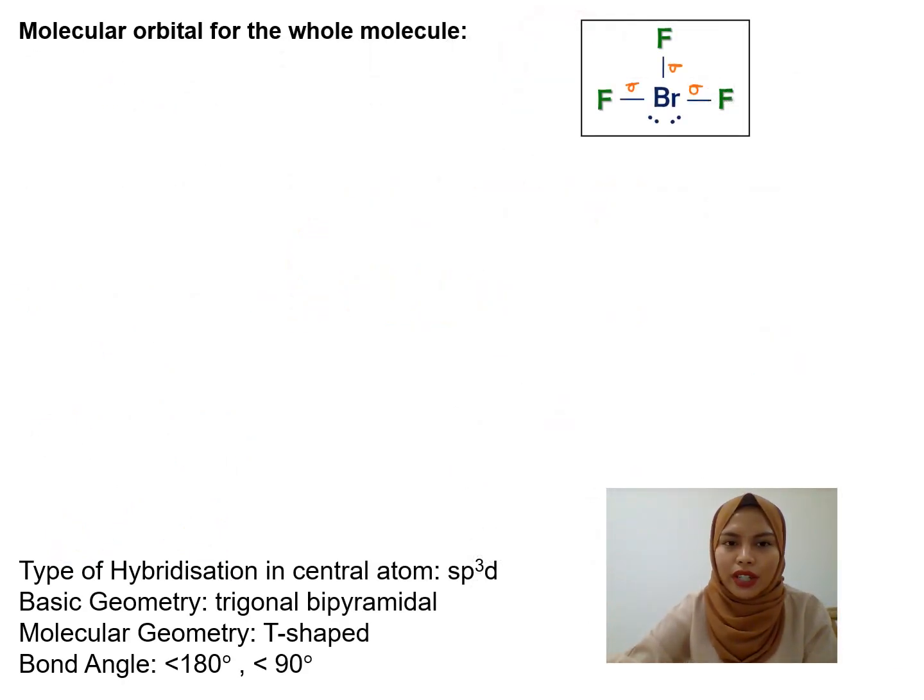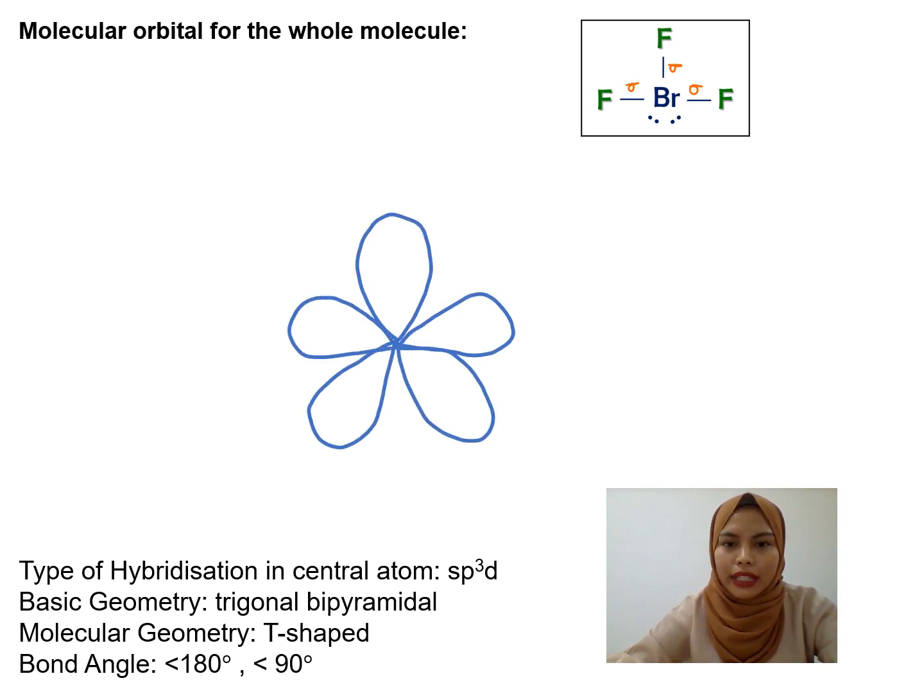So next, untuk kamu lukis the whole molecular orbital untuk whole molecule. Okay, sekarang ni you tahu Br punya orbital shape dia adalah sp3d kan. So you lukis dahulu sp3d hybrid orbital untuk Br. Okay.